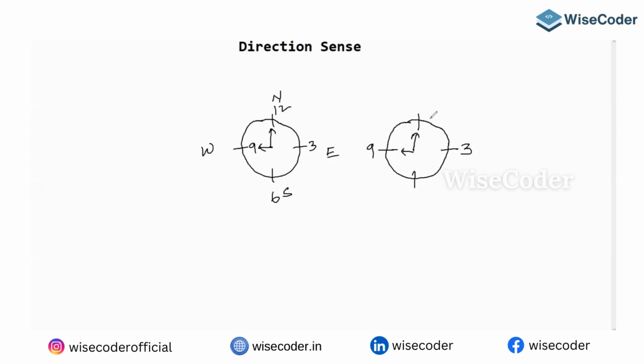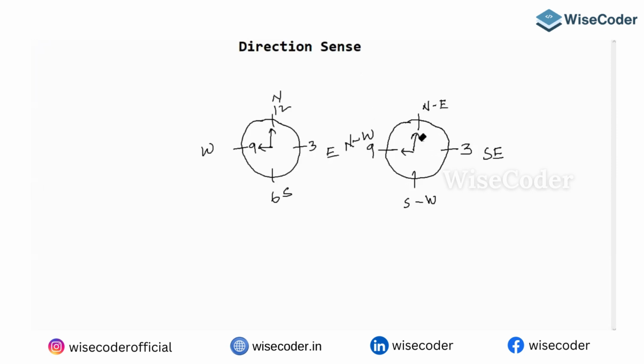The minute hand points towards northeast. When this becomes northeast, this becomes southwest. When this becomes southwest, this becomes southeast. When this becomes southeast, this becomes northwest. So what is the question asking? Which direction does the hour hand point when the time is 3 o'clock?